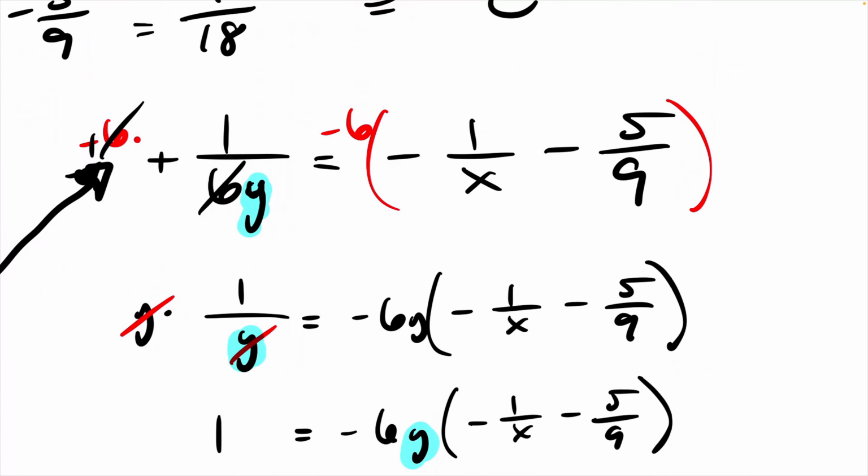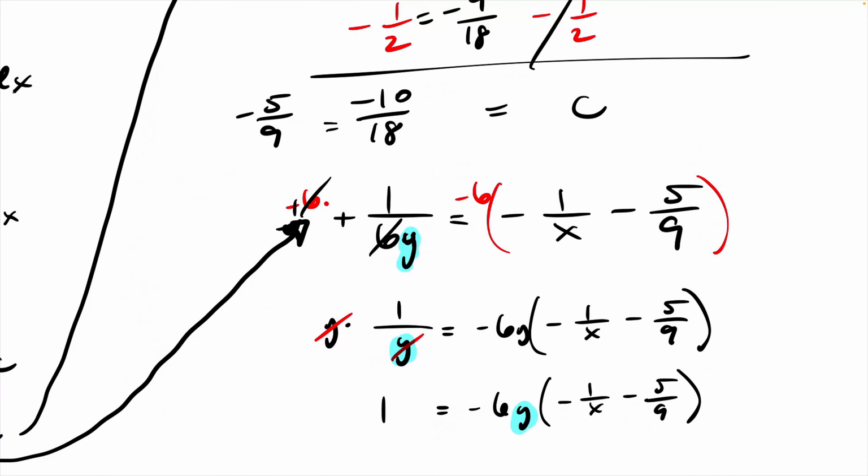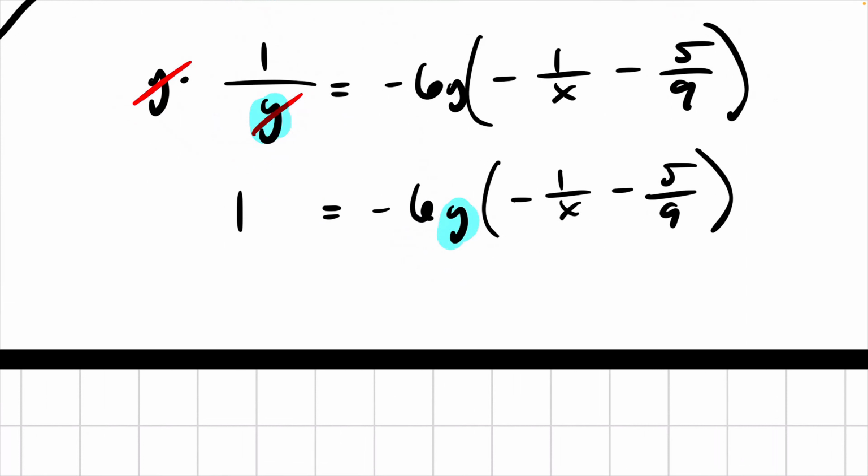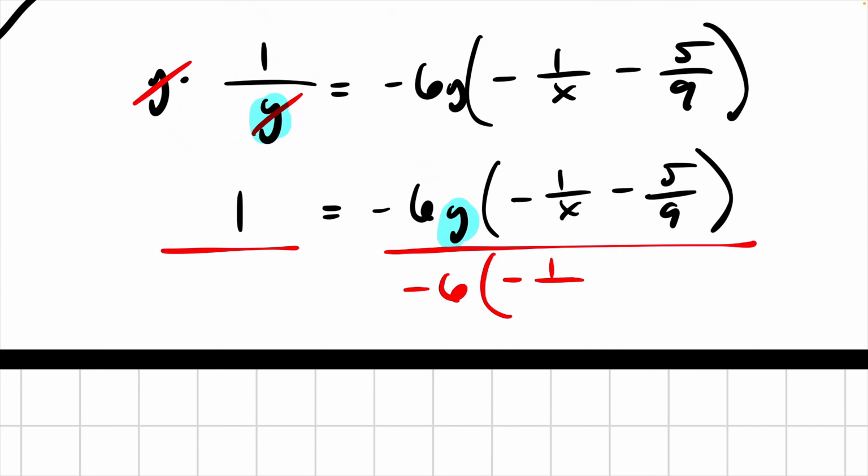This is actually the correct steps. You guys are doing it the right way. You just got to keep going. What would I do next? Divide it by whatever you don't want. I want y to stay there, right? Divide it by what I don't want. I don't want -6. I don't want parentheses, this guy here.